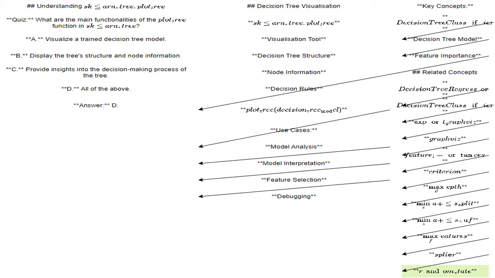max_depth: a parameter in the DecisionTreeClassifier and DecisionTreeRegressor classes that limits the maximum depth of the decision tree.